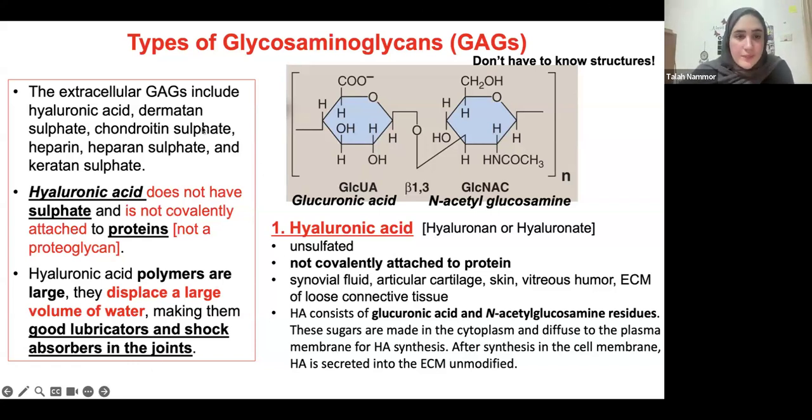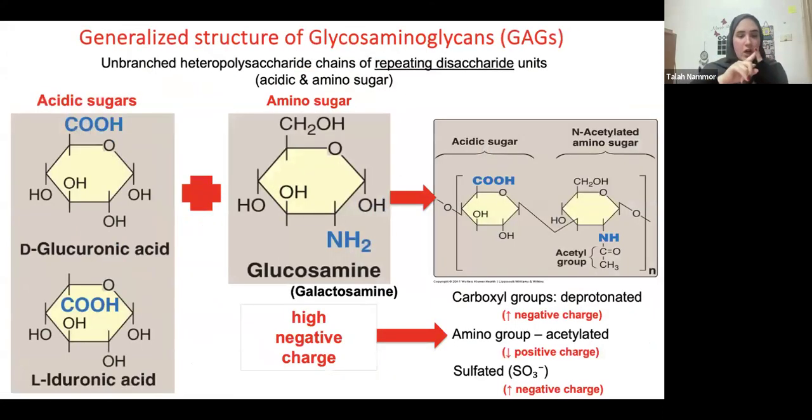Now, okay. So before that, we talked about the structure. So again, GAGs are highly negative. Why they're negative, we explained why they're negative. We said they're viscous, right? And we said they're made up of an amino sugar and an acidic sugar with an acetylated amino sugar.